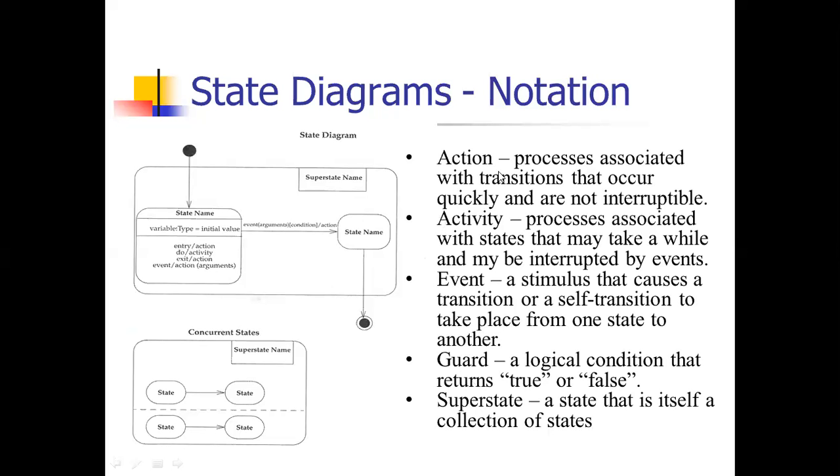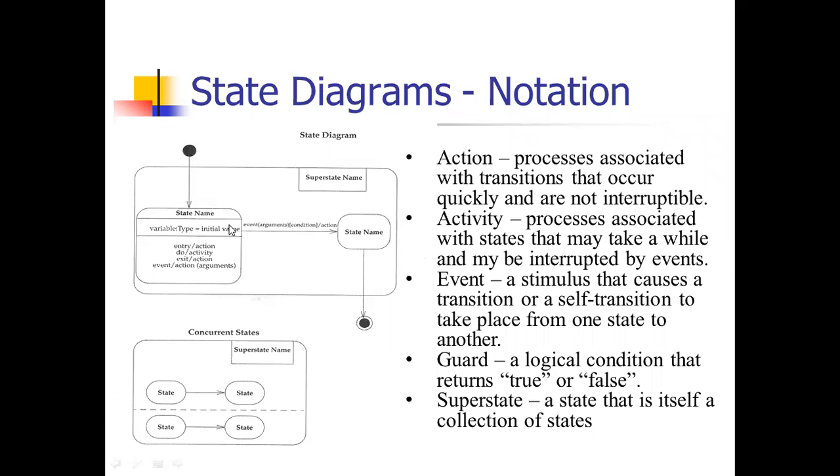The state diagram also contains actions. Actions are processes associated with transitions that occur quickly and are not interruptible. Then activities: activities are processes associated with states that may take a while and may be interrupted by events.